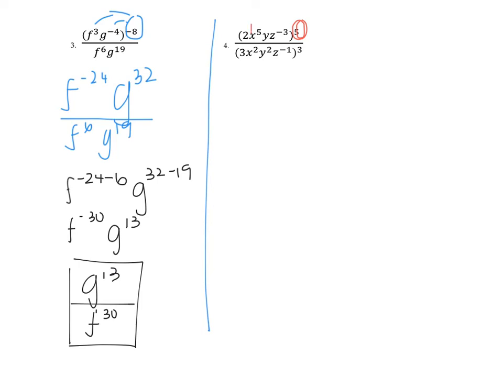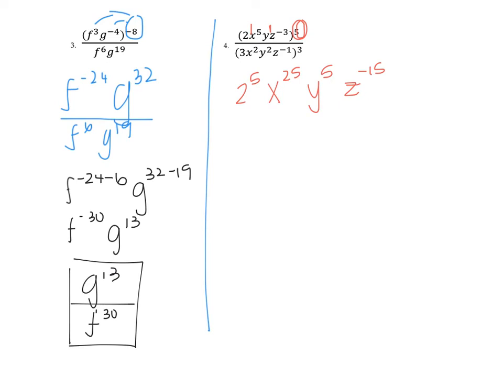So now we're multiplying 1 times 5, which will be 2 to the 5th. And you can plug that in your calculator in a second. X to the 5th times 5 is going to be x to the 25th. This y is also raised to the 1st power, so that'll be 1 times 5, y to the 5th. And then lastly, z to the negative 15th on top for our numerator.